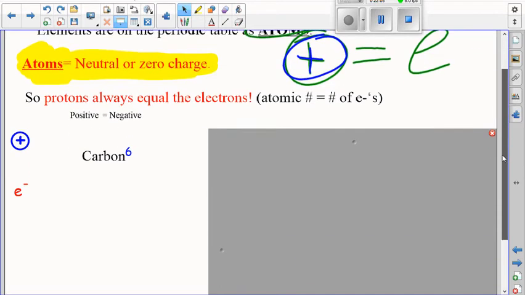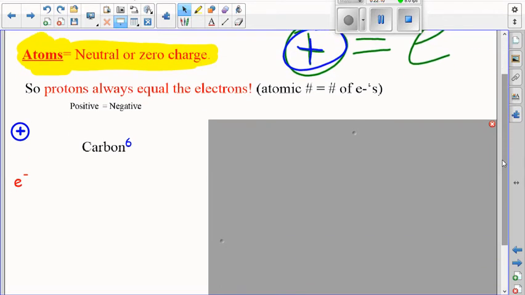So just to give you a little bit of a visual, if I'm talking about carbon. Yes, question? Some of the elements on the periodic table don't have decimals after them. So are the masses always the same? Are you talking about the ones at the bottom, like element 104, 105?